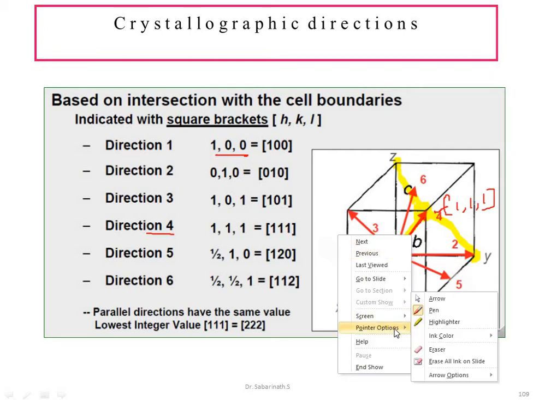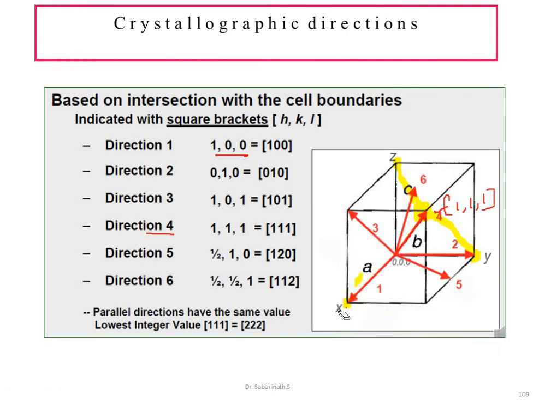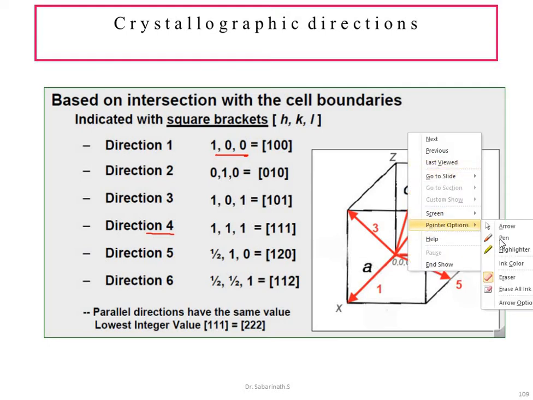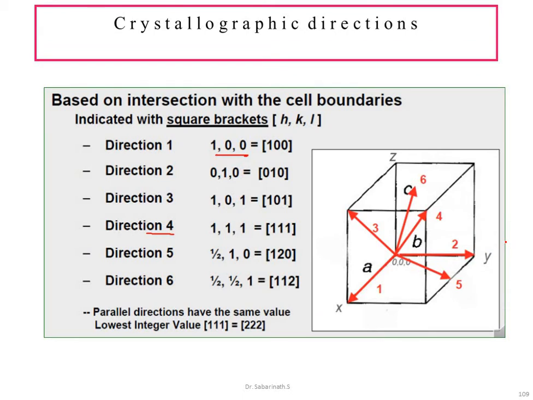Now let us move to the fifth direction. Let's see how it is drawn. The difference is that on the x-axis it will be half, on the y-axis it will be 1, and on the z-axis it will be 0.